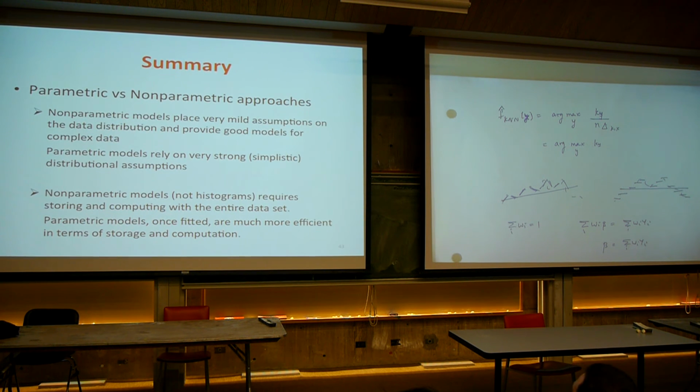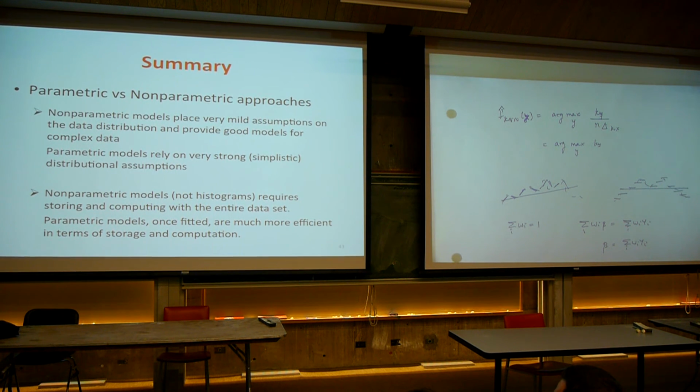Okay. And again, something we discussed earlier, non-parametric methods require very mild assumptions on the data distribution. As we have seen, you're not really making any assumptions that it's Gaussian or anything like that. And they provide good models for complex data for these reasons. Parametric models tend to be very simple. Assume everything is like a blob, essentially, if you're doing a Gaussian assumption. But of course, there's the trade-off in the sense that non-parametric models require storing and computing with the entire data set.